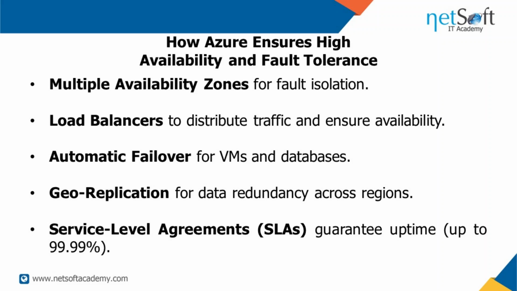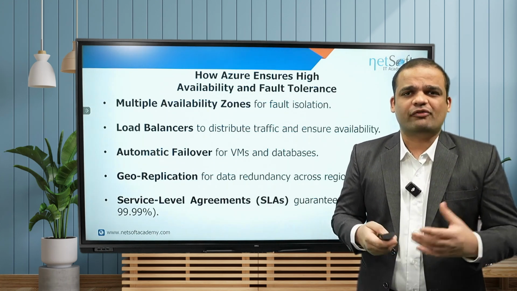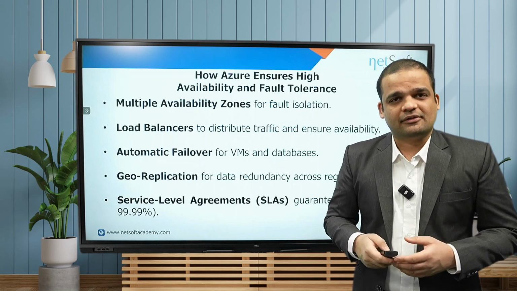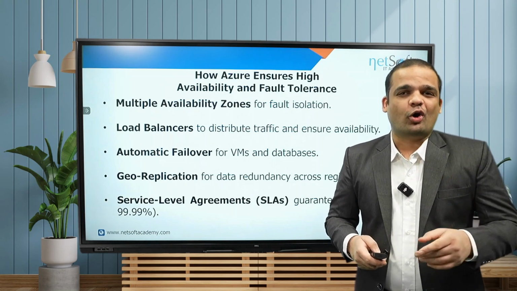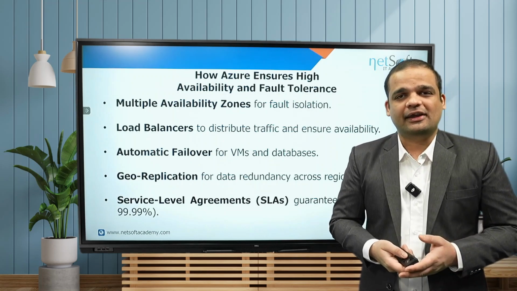The next concept is automatic failover. Critical services like your website virtual machine, web server, or databases can automatically fail over to healthy instances in the event of any outage.